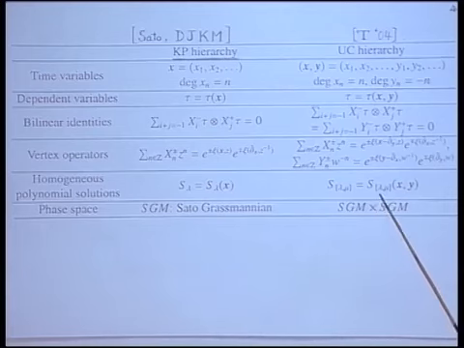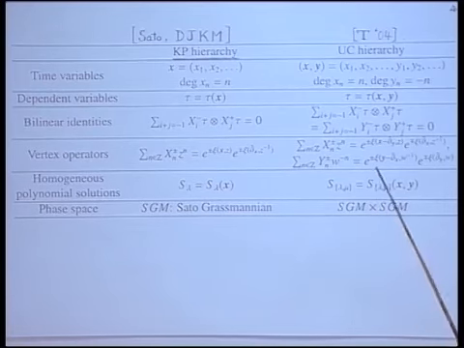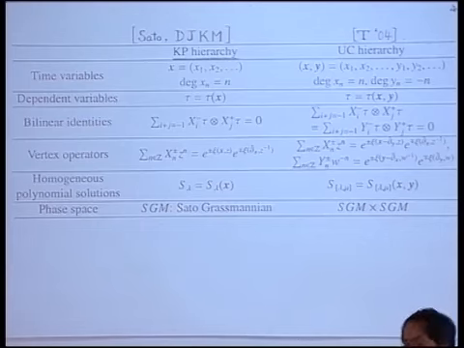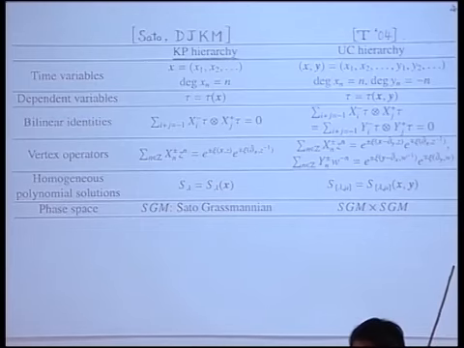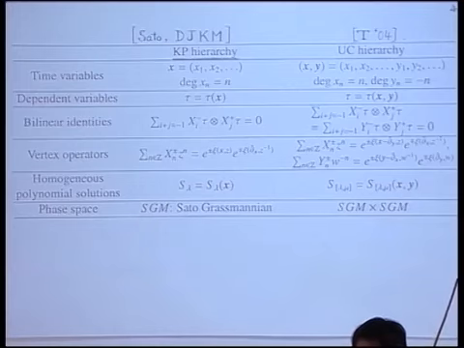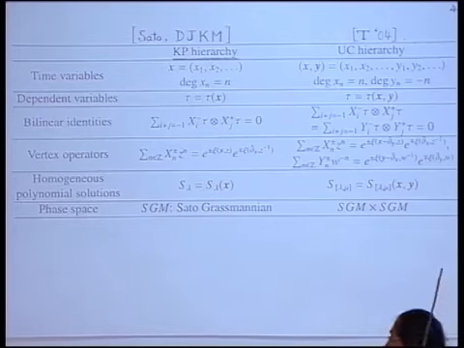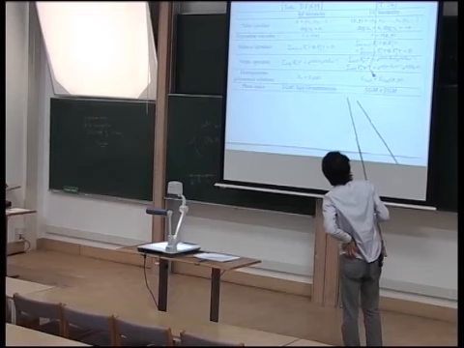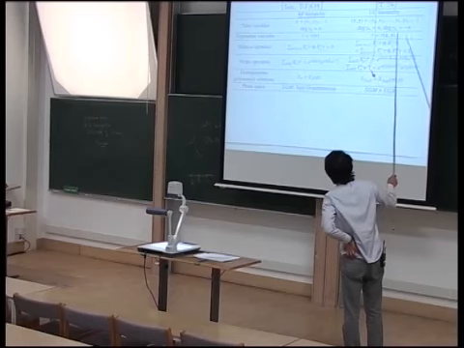This object, the universal character, was defined by Kazuhiko Koike in the 80s from a representation theoretic point of view. Anyway, now I can explain what the UC hierarchy is.